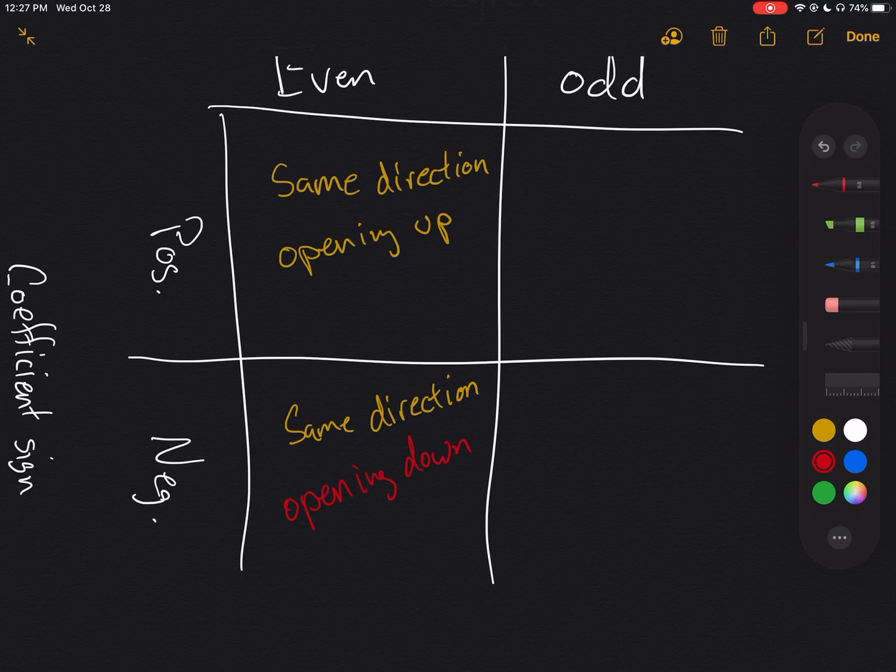Right? All right, well, if I have an odd, then they're going to be opposite directions.